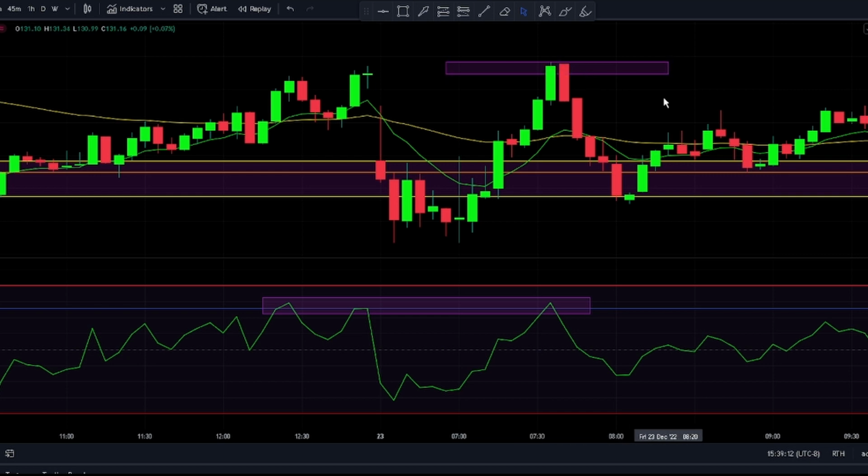As I told you earlier, we need confirmation. That's the problem with double top and double bottom. If we don't see or know the confirmation, we are not sure if the trade that we're going to take will be successful or not. So we found our double top.